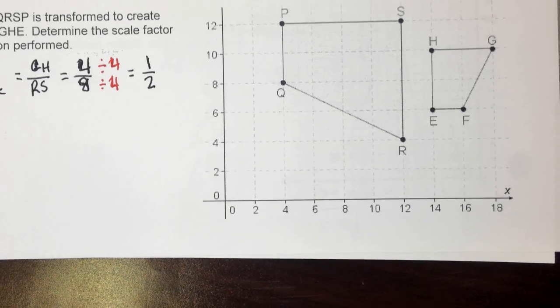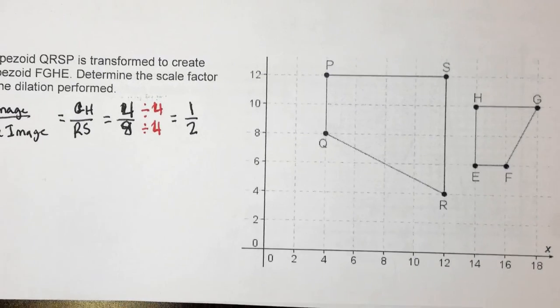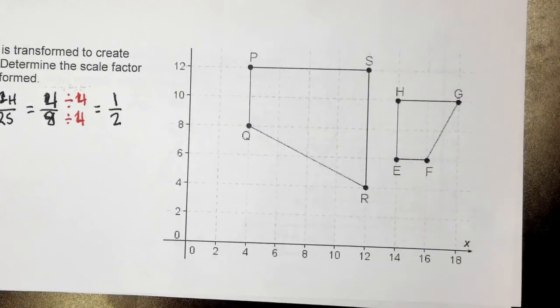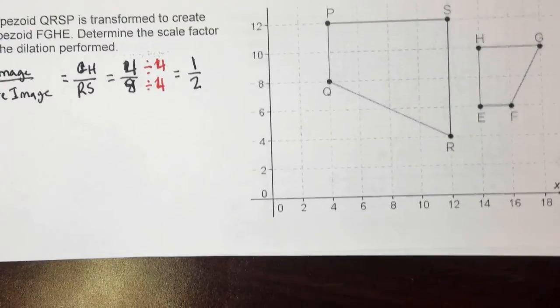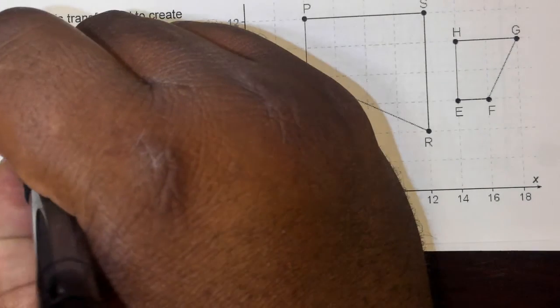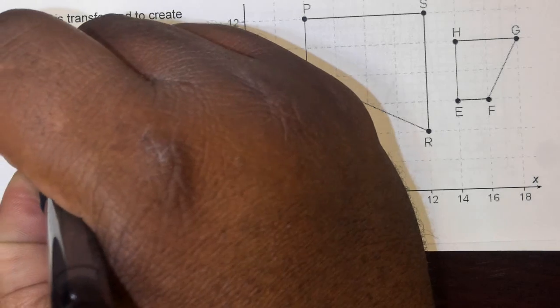And even if you needed to pick another pair of sides, you could have picked any two pair of sides. Like say we decided to do FE and QP. Say if we decide to do FE over QP.